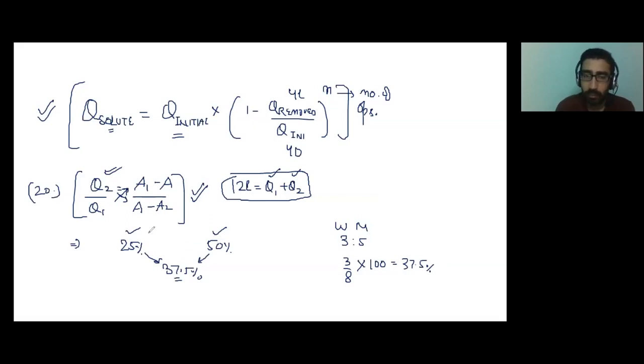That is only possible if the same quantities are mixed. So if you're taking X liters of this, you would need to take the same quantity X liters to get the concentration as the perfect average, the arithmetic mean of 25 and 50. This is just one small thing that I want you to keep in mind. So if you just realize what these values were, you would immediately say that if 12 liters was total, that would mean that I would need to mix 6 liters of can 1 with 6 liters of can 2 to get average concentration.